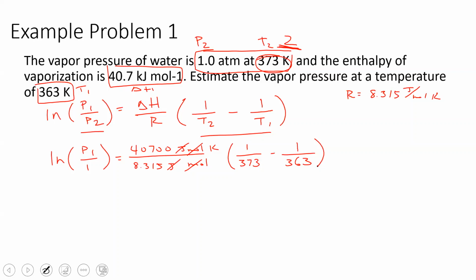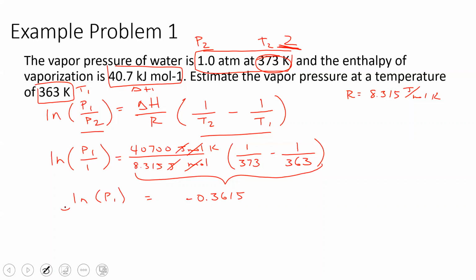Now that we've filled in our equation, it's straight calculator work. As long as we plug everything into our calculator correctly, we should get the correct answer. Everything over here on the right should give us negative 0.3615, and that's equal to ln of P1. For those of you that don't remember, when we need to cancel out an ln, we can't just divide both sides by ln.